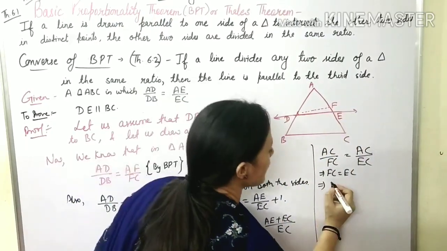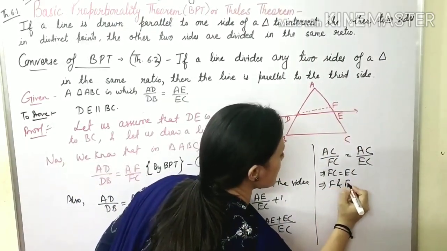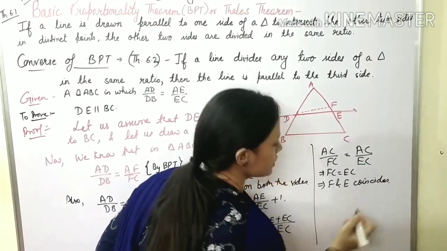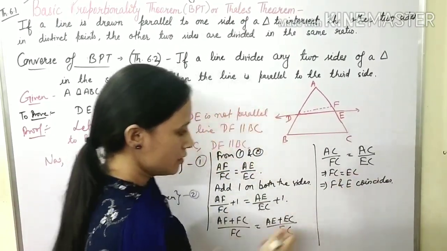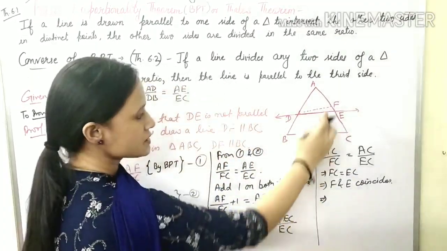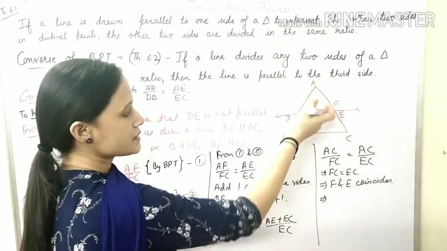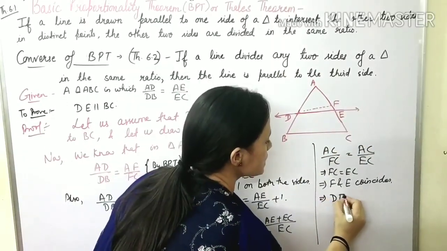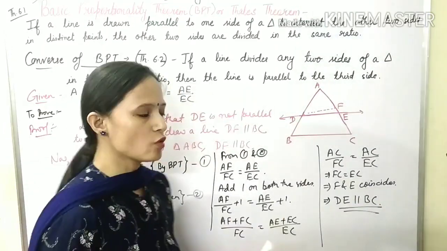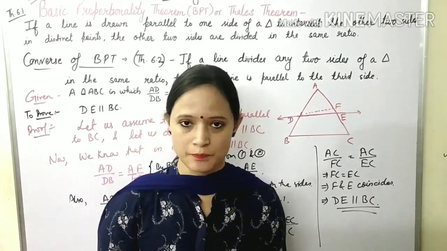So we can directly write, it implies F and E coincide. They are coinciding on each other. That is why we are getting this. So we will directly write now that since they are not different points, they are the same point. So it implies DE is parallel to BC. This is how we have proved the converse of BPT.